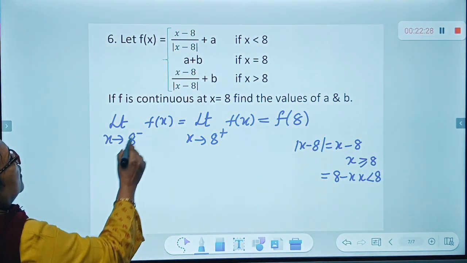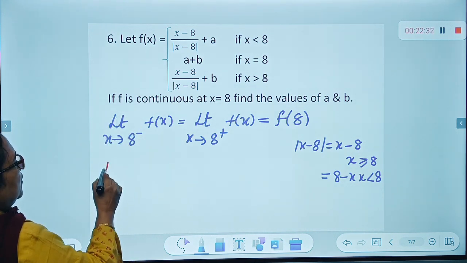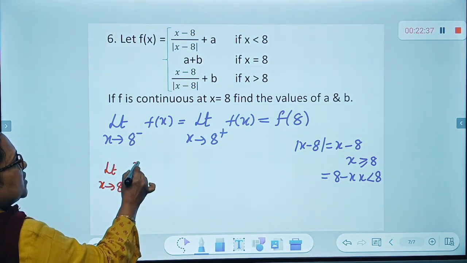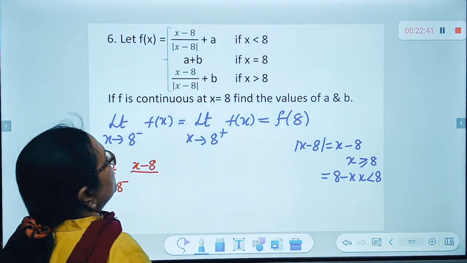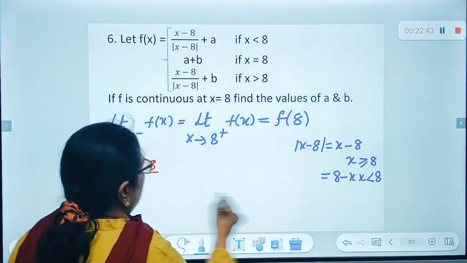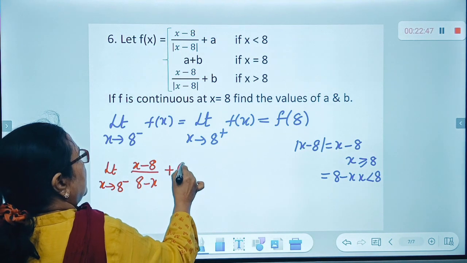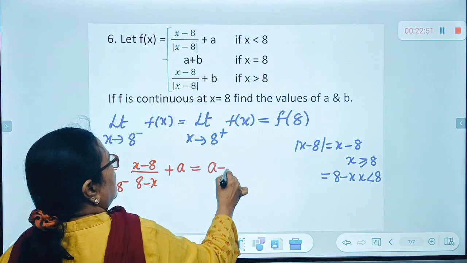So what will be f of x now? Limit x tends to 8 minus of x minus 8 by, what will be modulus of x minus 8? x is less than 8, so it will be 8 minus x, plus a. This is minus 1. So this is a minus 1.